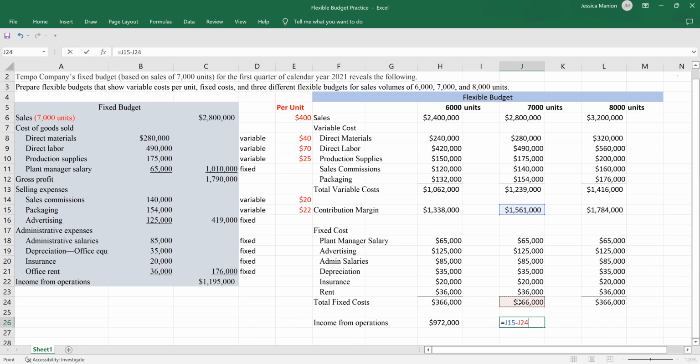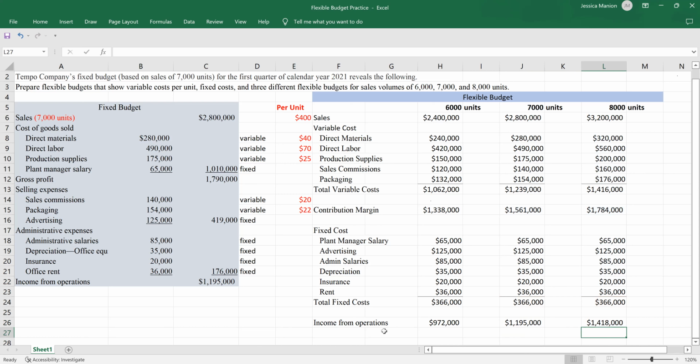And so we expect at that level of activity, income from operations to be 1,195,000. And then finally at 8,000 units, again, we're taking our contribution margin minus our total fixed cost.